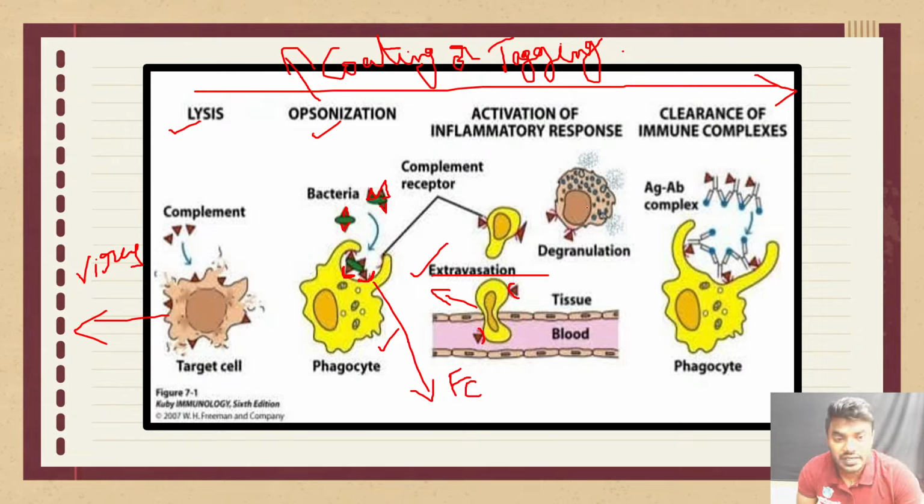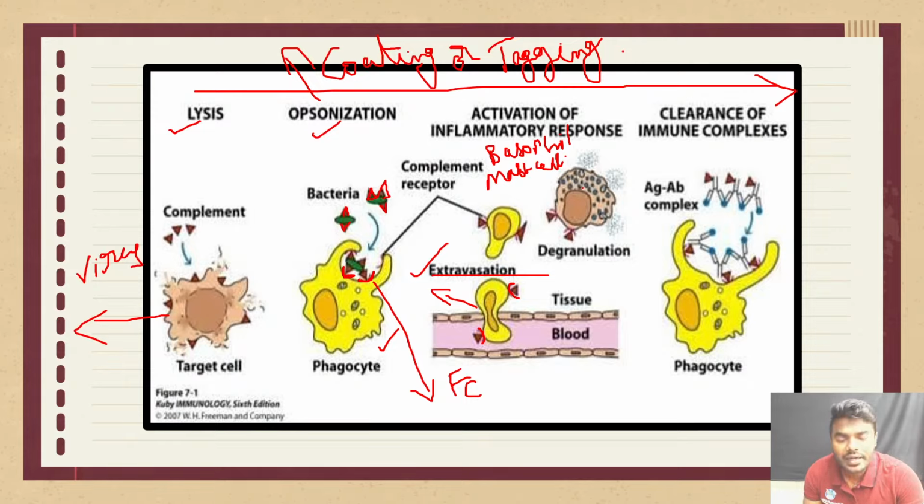And look into this degranulation. You can take any kind of cell. Let's take an example of a basophil cell. Let's take an example of a mast cell. So friends, we read in the first class of immunology, there are abundant amounts of granules present in the basophil.